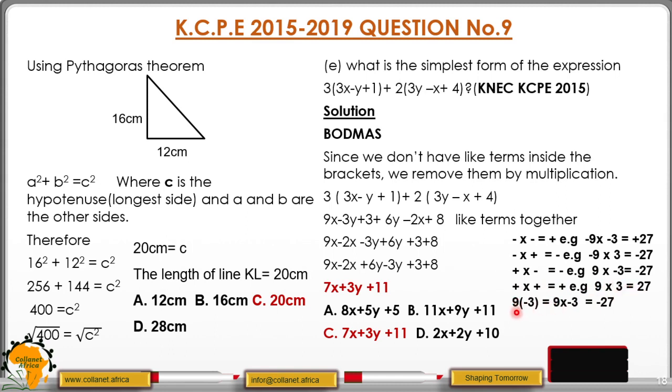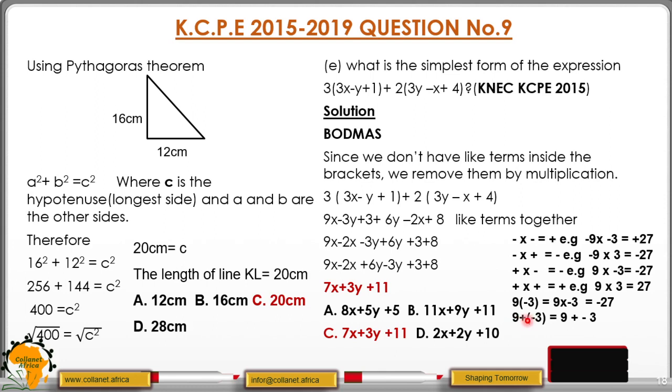Now here is another concept that is very, very important for your KCPE. We have 9 and into bracket negative 3. So this means it is 9 you multiply by negative 3. So 9 times negative 3. To remove the bracket, you get negative 27. This one is totally different from this one. Here we have 9, then we have a positive here, then into bracket negative 3. In this case, you should know that you remove the bracket by multiplying this plus times negative.